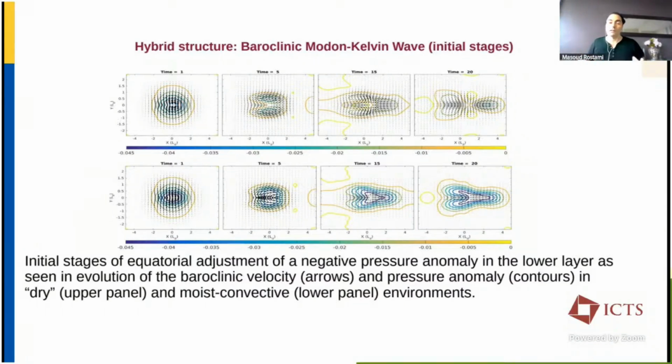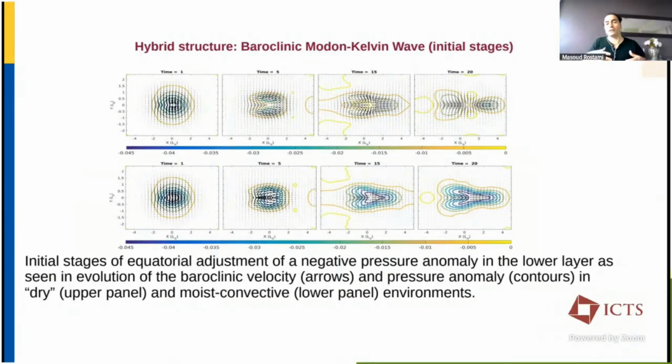So the explanation is that once we switch to moist convection, this attachment occurs, and the baroclinic wave and the equatorial modon are linked, and so the total velocity is between 5 and 6. So it decreases the eastward propagation.